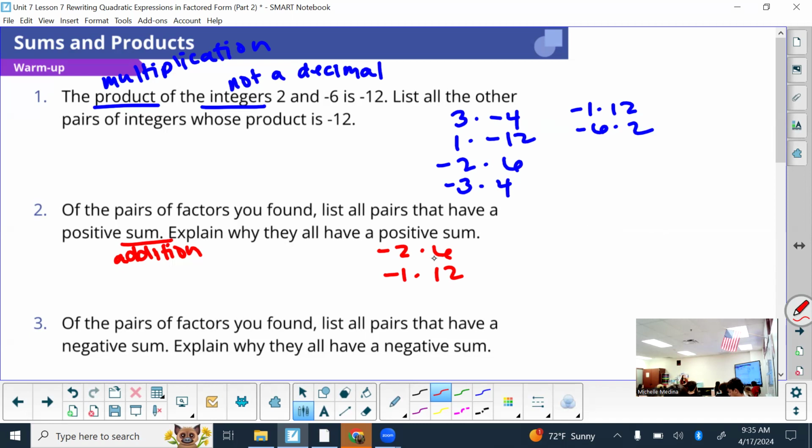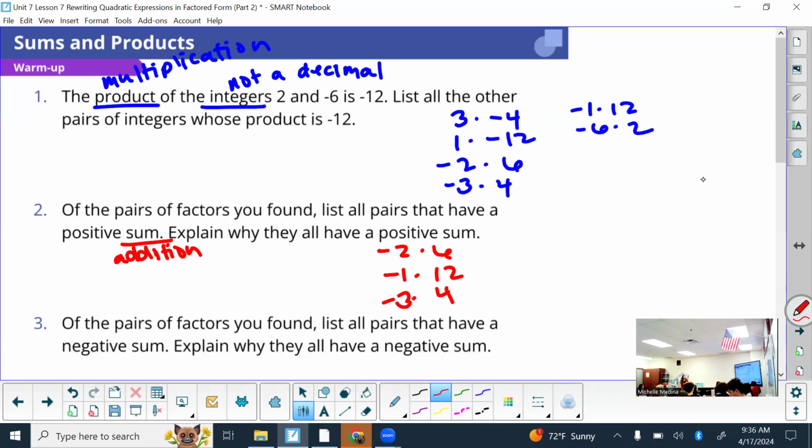Three and -4. Okay, I don't see a +3 and... Oh, positive -3. Okay. Class, are there any others that when I add them, I get a positive sum? Yeah, -1, 12. Okay, we have them. All right, any others?